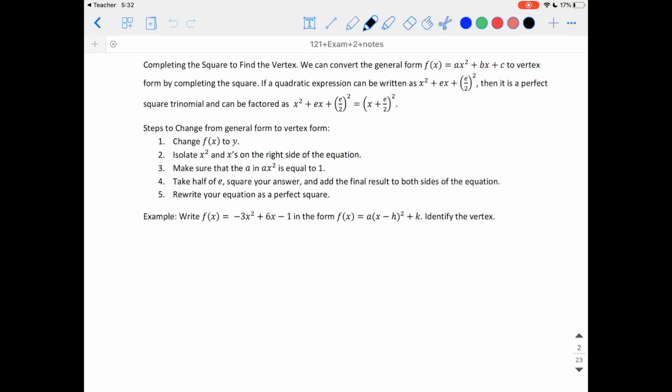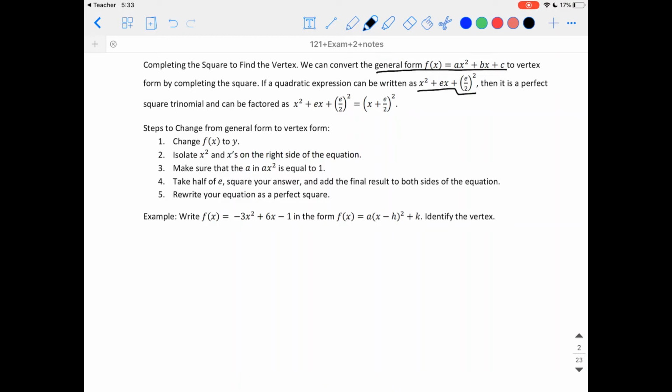We want to complete the square to find the vertex. And so we're going to go from the general form, also called the standard form, to the vertex form by completing the square. And here's the condition. If a quadratic expression can be written as x squared plus bx plus b over 2 quantity squared, so don't get all bent out of shape, hang tight, it looks ugly, then it is a perfect trinomial and can be factored.